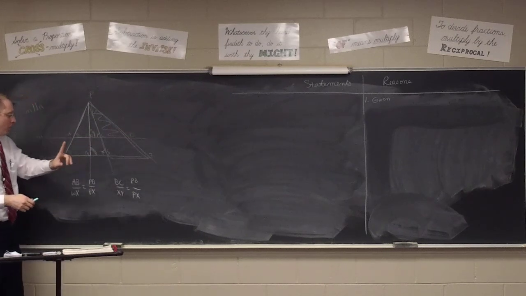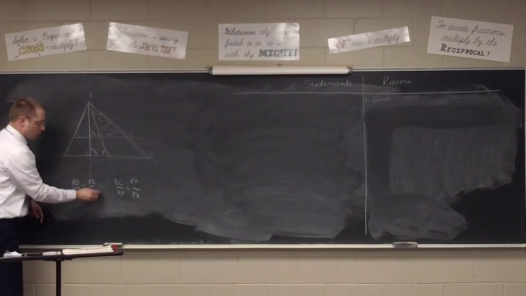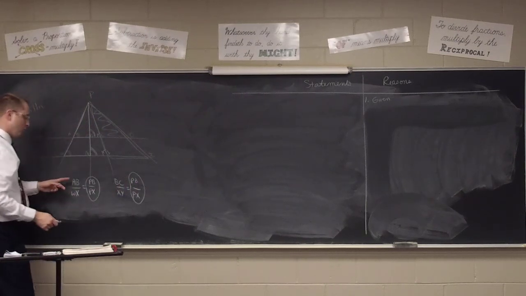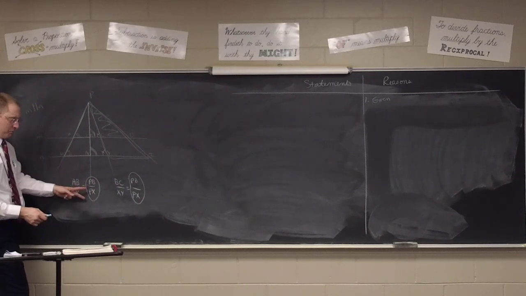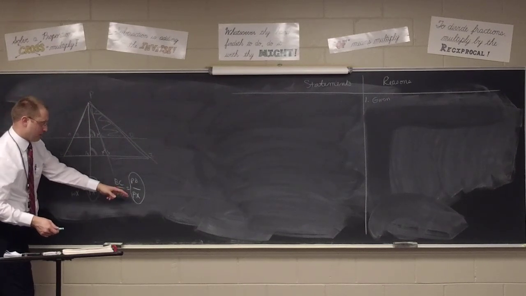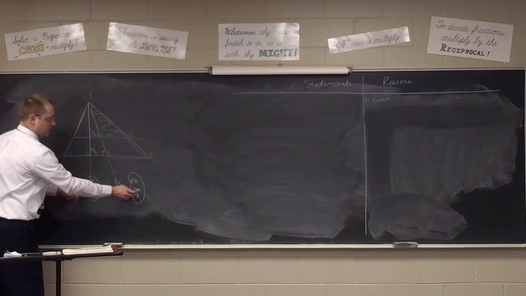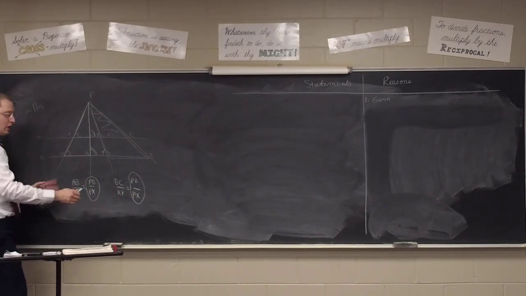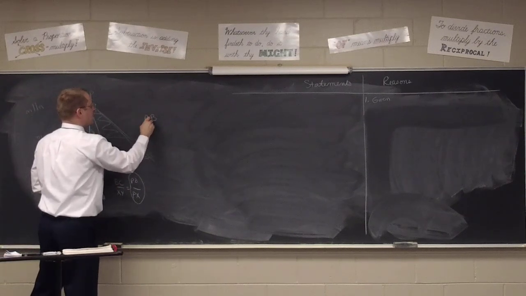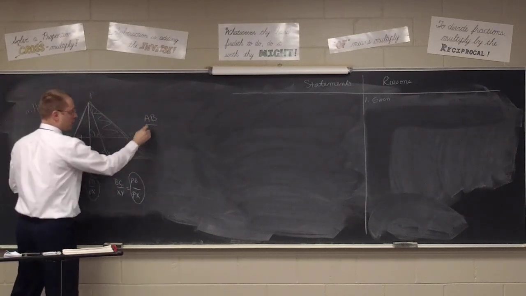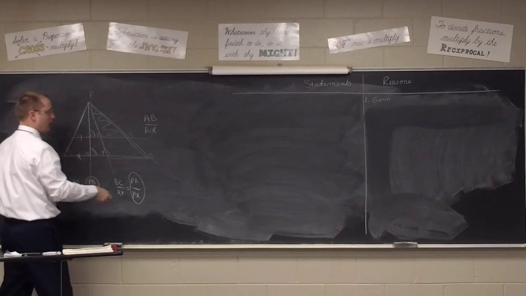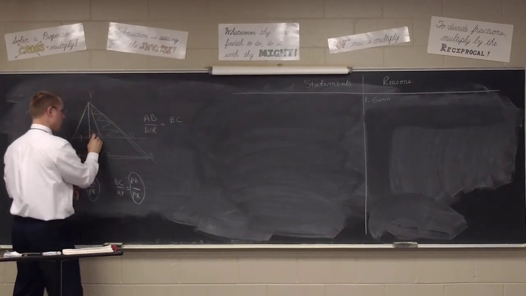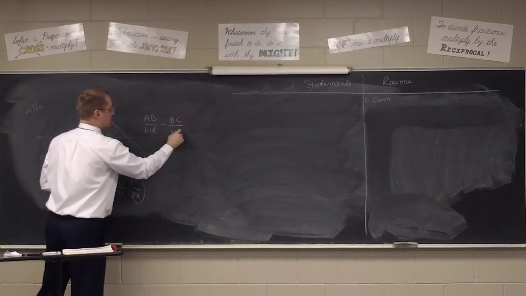Well, what we do is we create common ratios. AB is to WX as PB is to PX. BC is to XY as PB is to PX. So these 2 ratios equal the same ratio, therefore these are equal to each other. So that's how we would show that AB is to WX as BC is to XY.